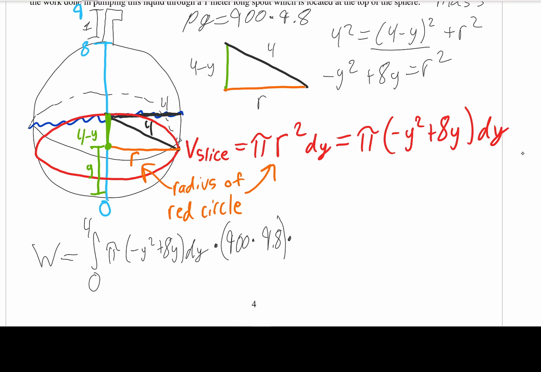This is going to be the distance from the slice to our spout where we're shooting the water out. So the top is 9, right? Remember, the top of where the spout is going to be is at 9. So that means that the distance between the spout and the slice is going to be 9 minus y. That means that this distance right here is 9 minus y.